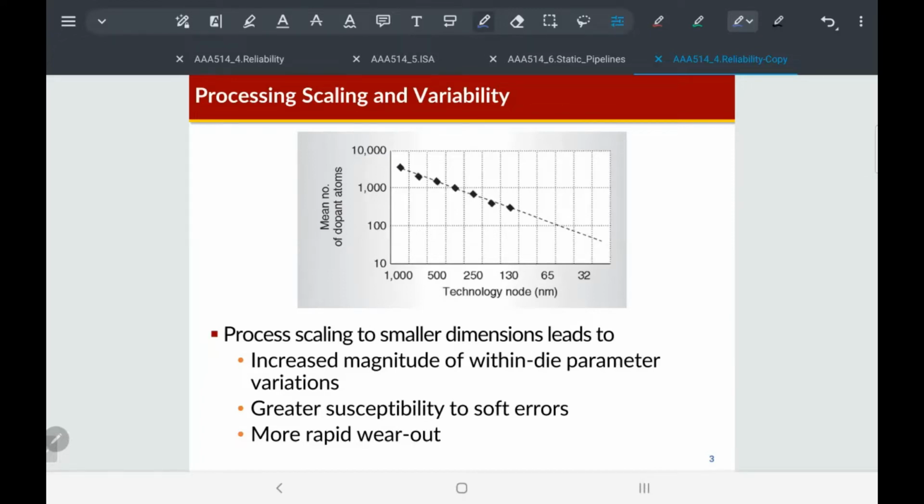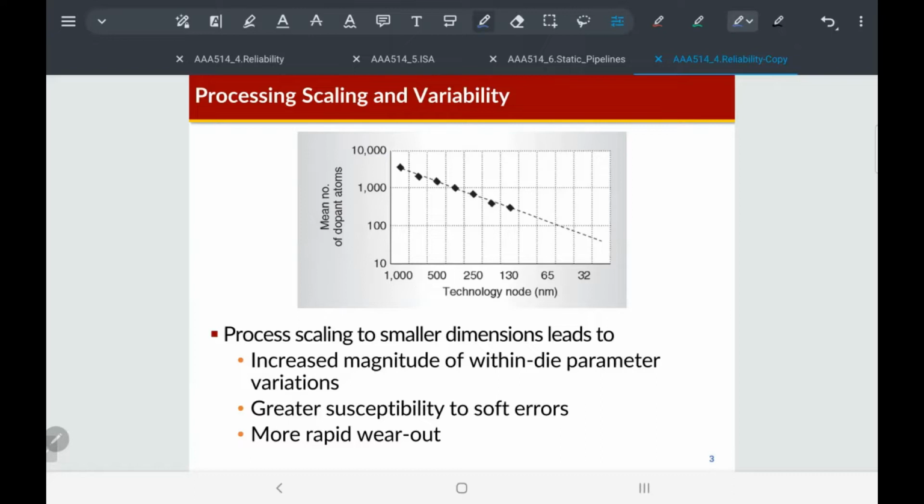Many components are included, and if one error occurs in one of these components, then we can say that an error is detected in our processor. That means as many transistors are included, the error rate can increase.